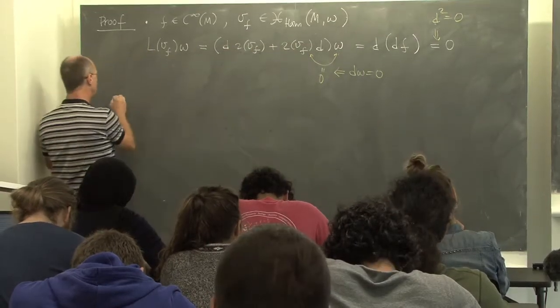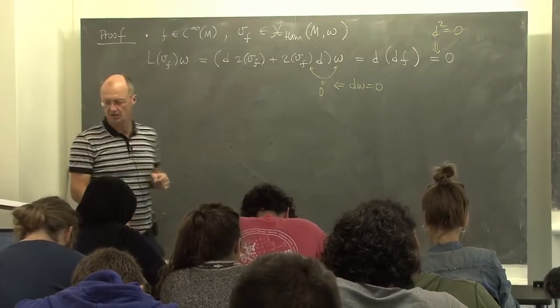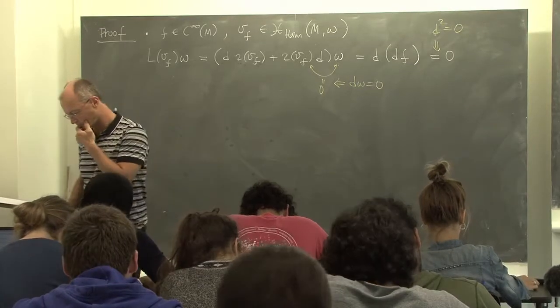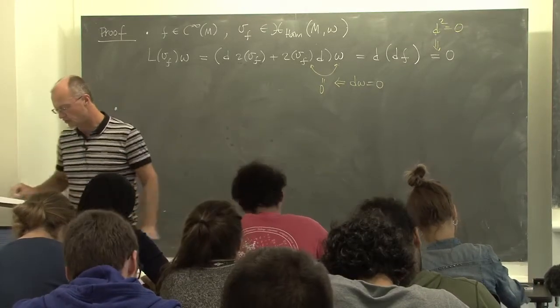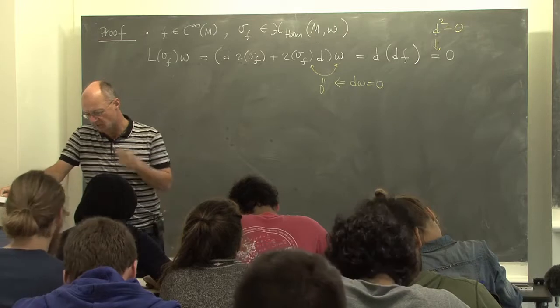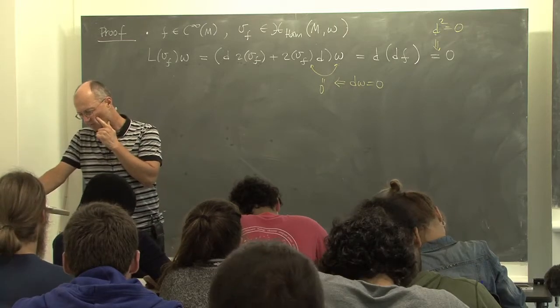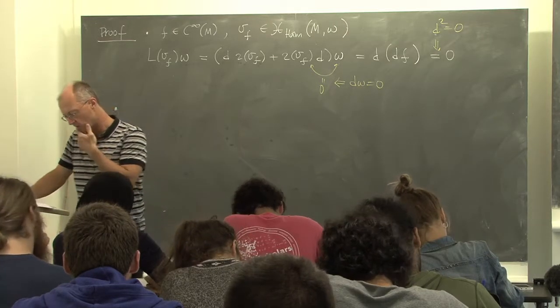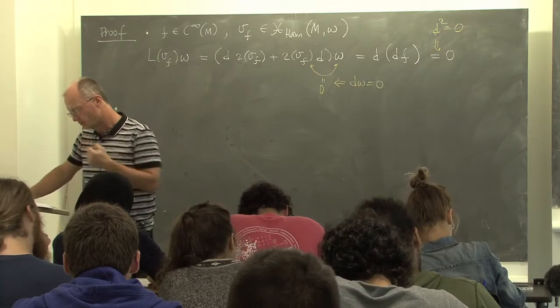Now, why do they form a Lie algebra? So here, let me show you my proof. But I don't know, maybe you can find a better proof.